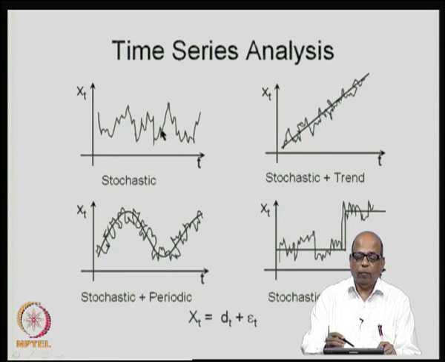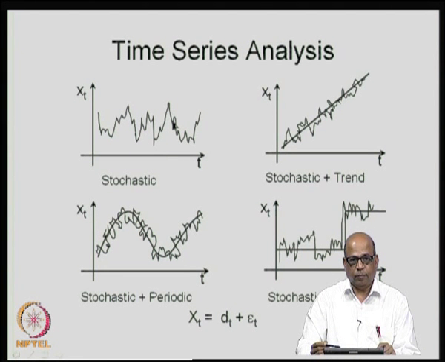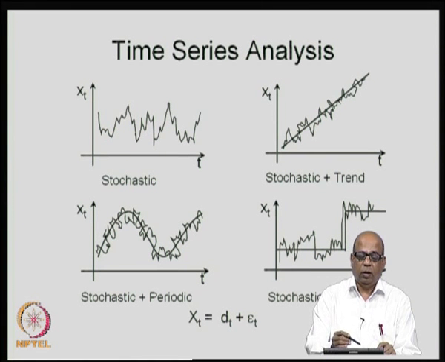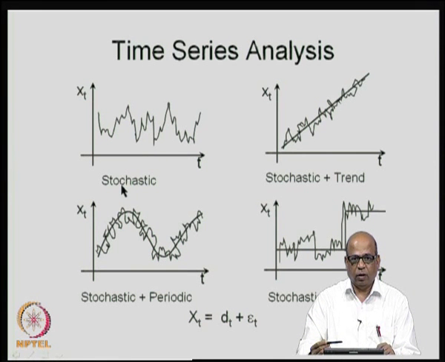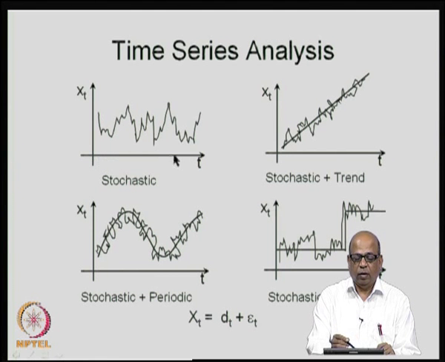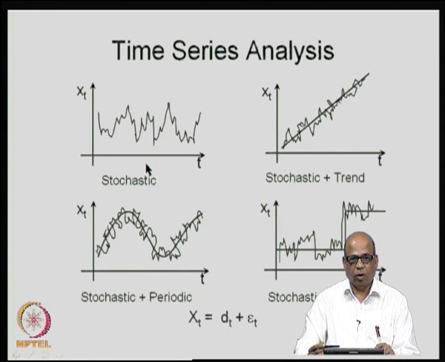For example, very short duration rainfalls, let us say you are taking half an hour, 30-minute rainfall and so on, and plot it for a long period of time. Simply collect at a particular location half an hour rainfall and then plot it against time. That may show such a feature that it does not have any deterministic component at all.